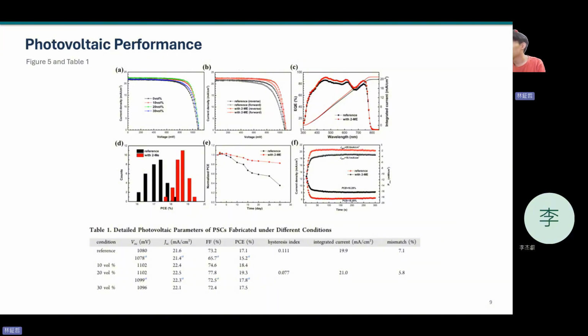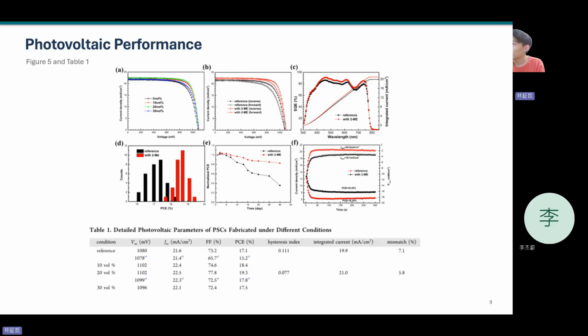The efficiency increased to 19.3%, so the efficiency increased from 17.1% to 19.3%. The hysteresis index also decreased from 0.111 to 0.077. This means the device behavior becomes more stable during measurement.